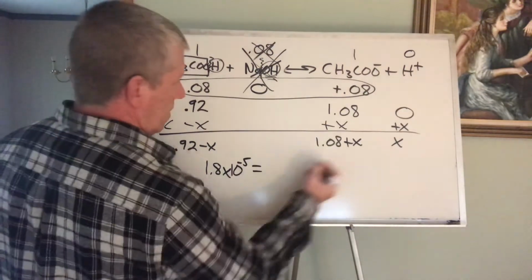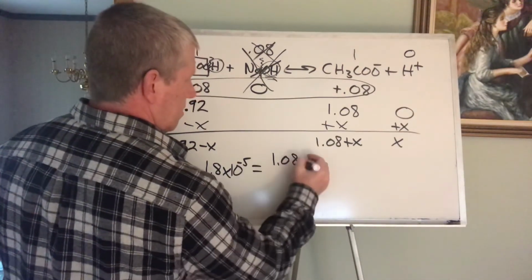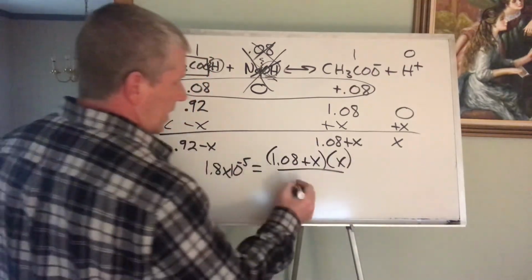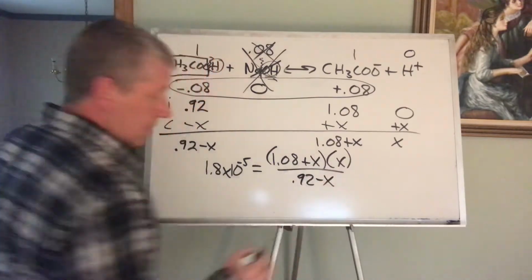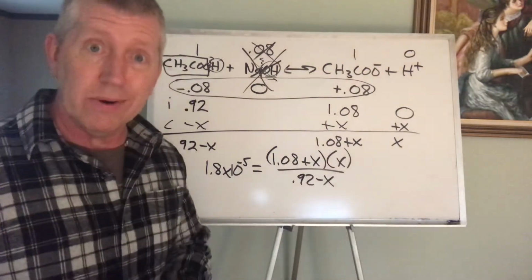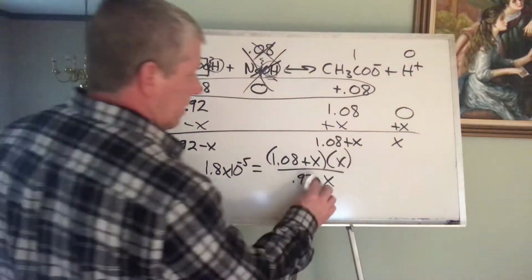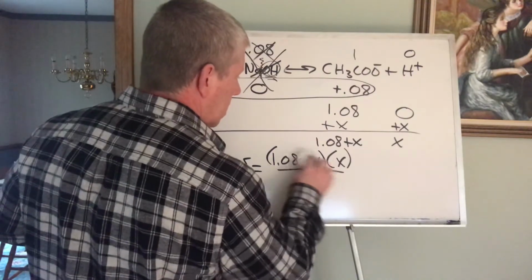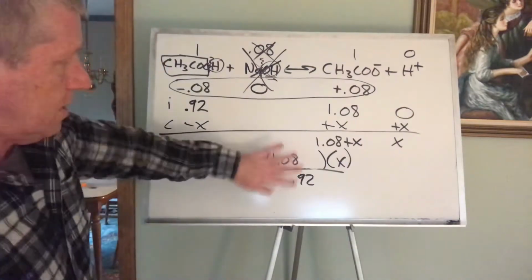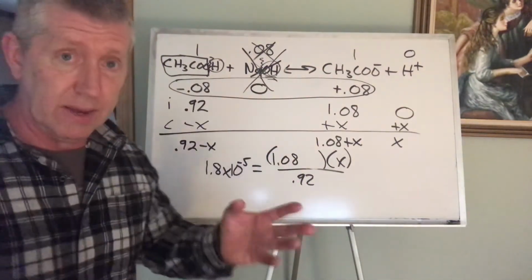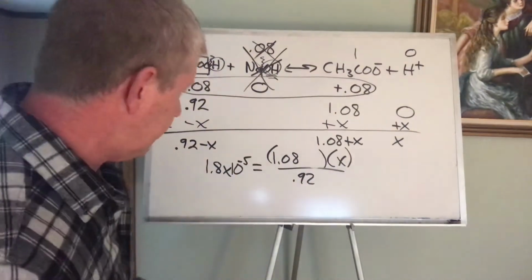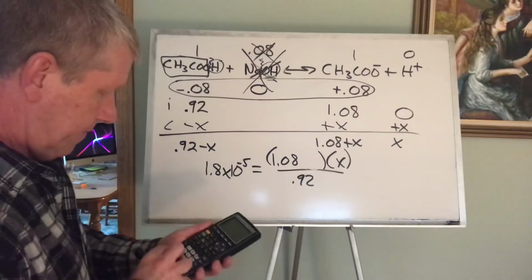That's equal to 1.08 plus X times X divided by 0.92 minus X. Yes, those X's do go away. Again, if you don't trust me, do your rule of 100 and you'll see they go bye-bye. So we're going to get rid of those. Now, in the earlier calculations with this system, those canceled out because they are equal, but they're not equal, so I can't cancel them out. I am going to have to do the math here and see what we get.